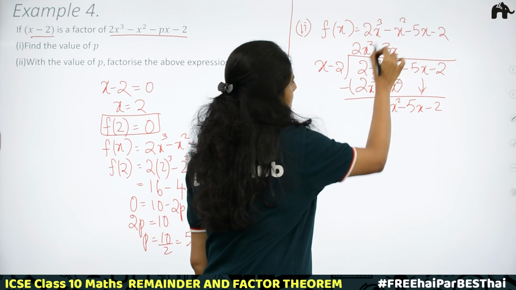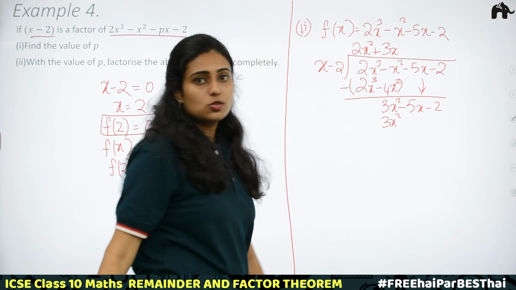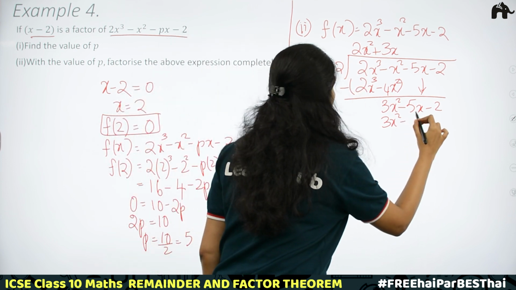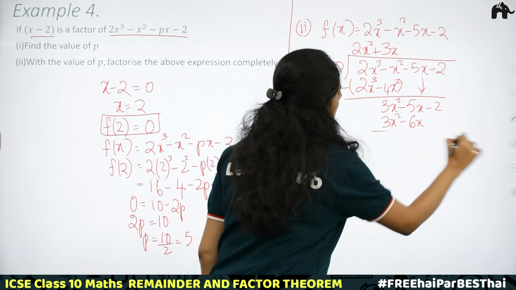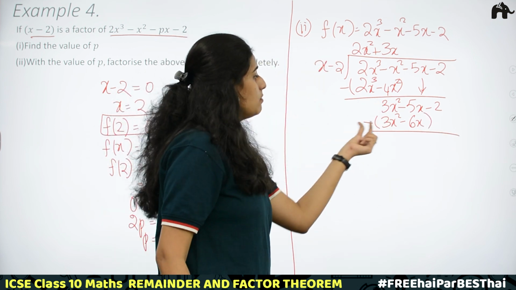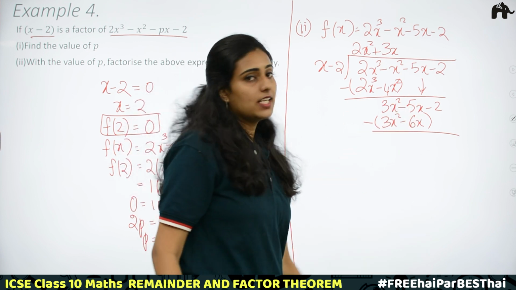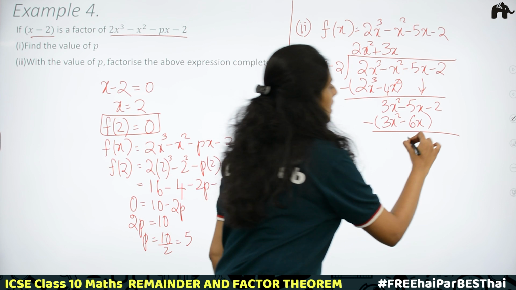Okay. Then 3x into x is 3x square. 3x into minus 2 is minus 6x. Now, subtracting, what do we get? 3x square minus 3x square is 0. Minus 5x minus of minus plus 6x, that is x.